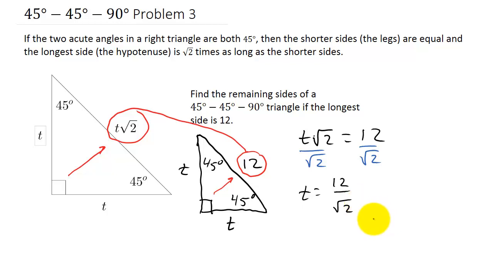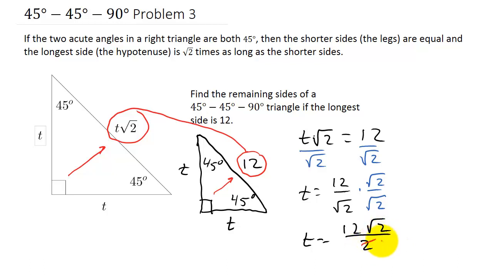And then a lot of times your teacher wants you to rationalize the denominator, so let's go ahead and rationalize the denominator. So I'll multiply numerator and denominator by square root of 2 over square root of 2. And this will give me T equals 12 square root of 2 over, and then square root of 2 times square root of 2 is square root of 4, which is 2.